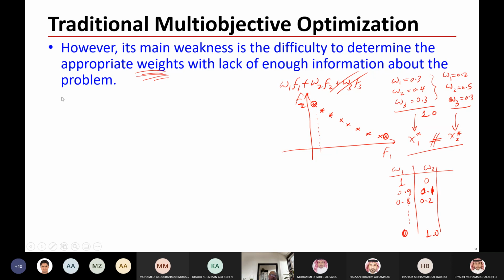But in this case, if you want to create the Pareto front, you have to run the technique several times in order to get several solutions.